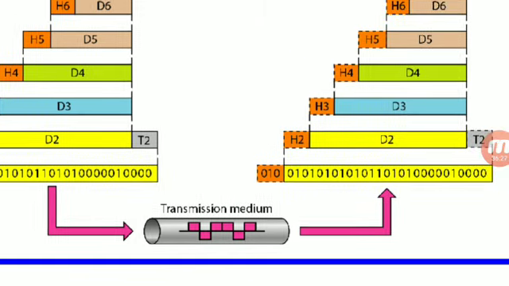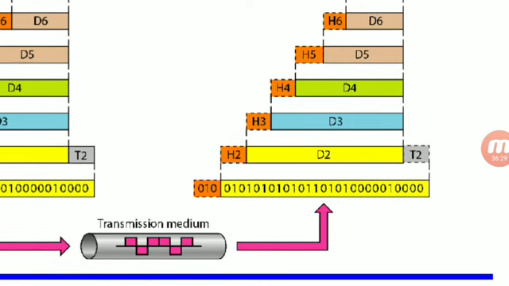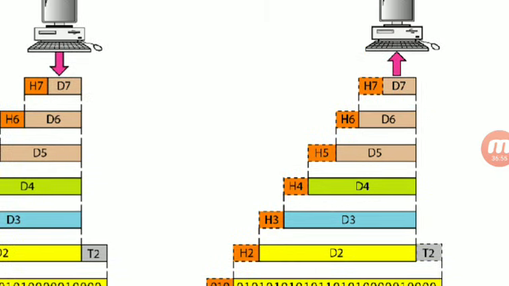Similarly, at the receiving end, the received data gets transmitted to the next layer, that is the data link layer. The data link layer will extract the header and trailer information, which get removed, and only D2 will be transmitted to the next layer. The network layer will remove the header, and D3 will be transmitted to the next layer, and similarly the information will be transmitted to the upper layers.